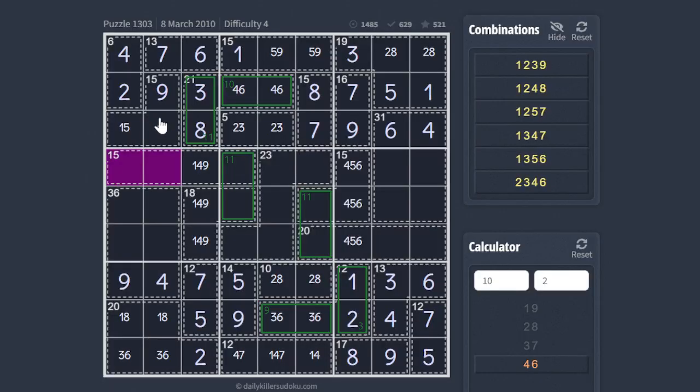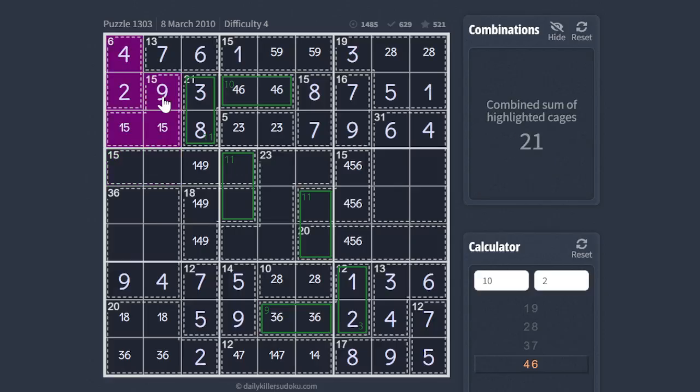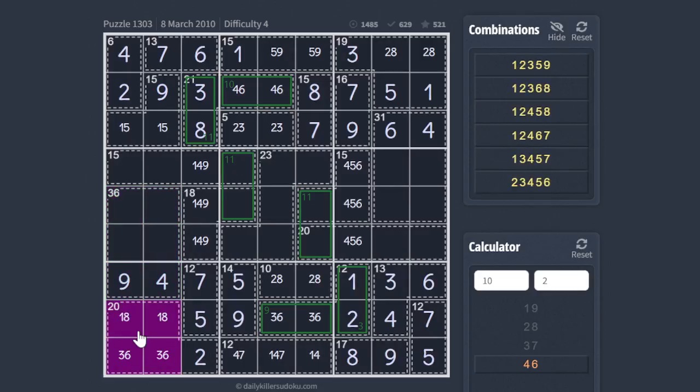So here we have 21 plus a 7, that's 28. Then we have this 36. And we have 20 minus 2, that's 18. And the whole sum of all of these, except those 2 cells, is 82.